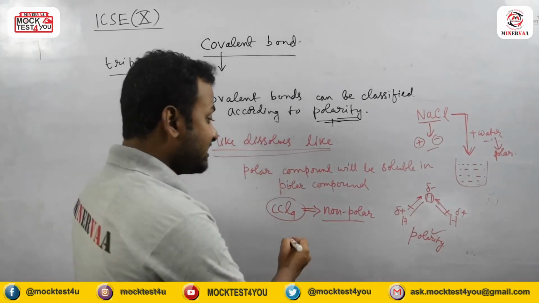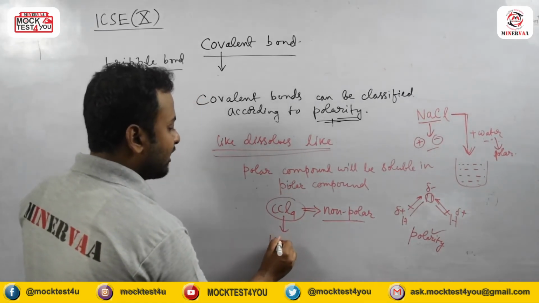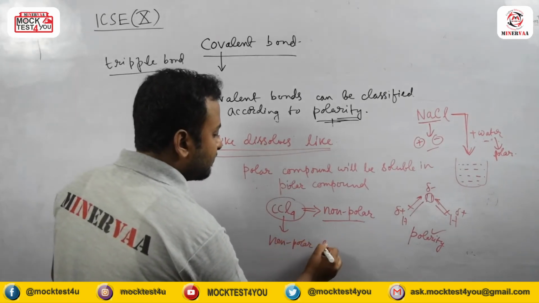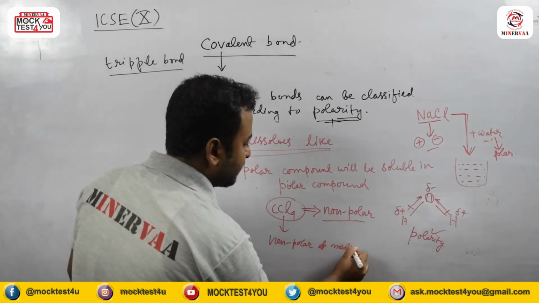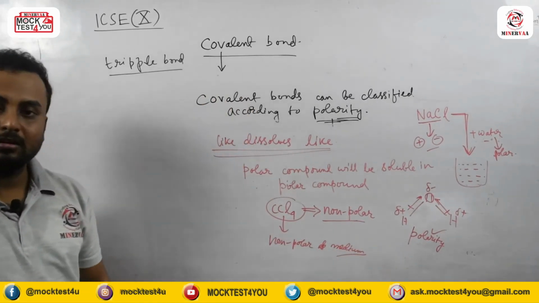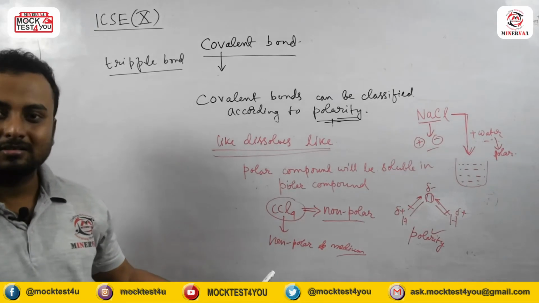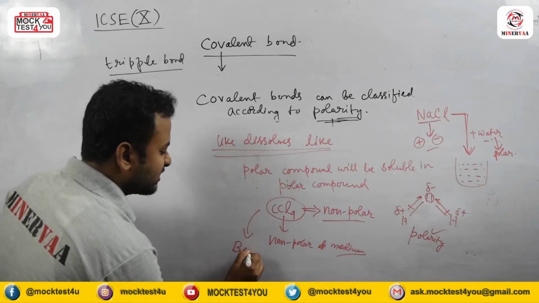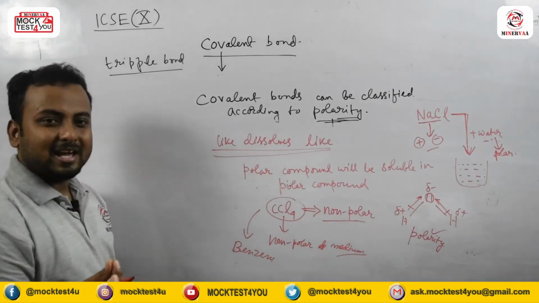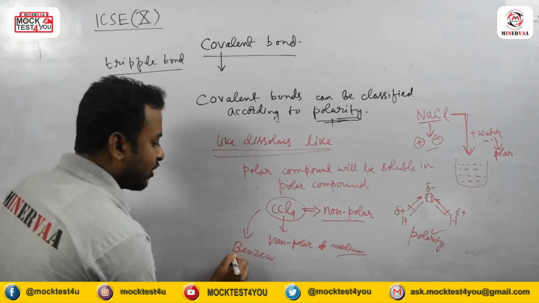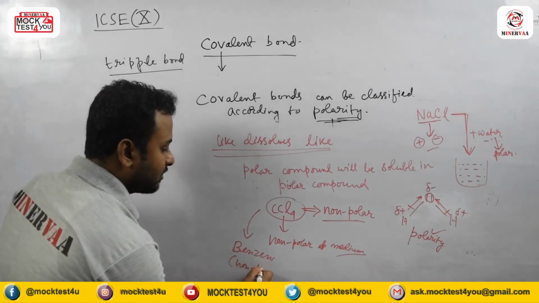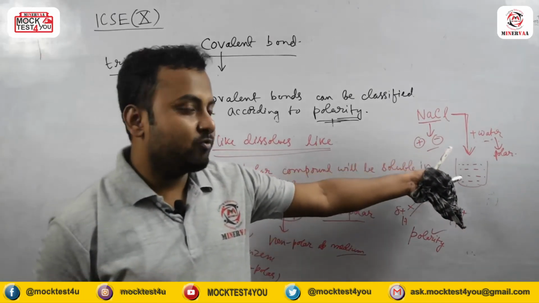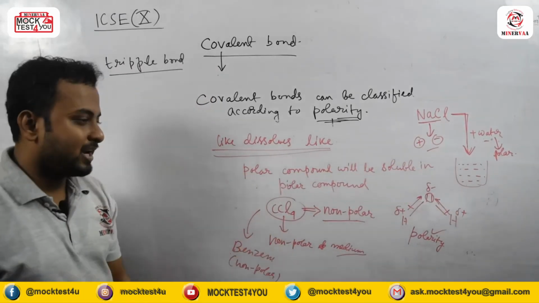Okay, so CCl4 needs some non-polar medium to make it soluble. Okay, so it is soluble in oils, like organic compounds. It is soluble in benzene, which is very oily. If you touch benzene, it is like an oily substance. Okay, it is also non-polar. So CCl4 will be soluble in benzene, but it will not be soluble in water because of its non-polar nature, right?